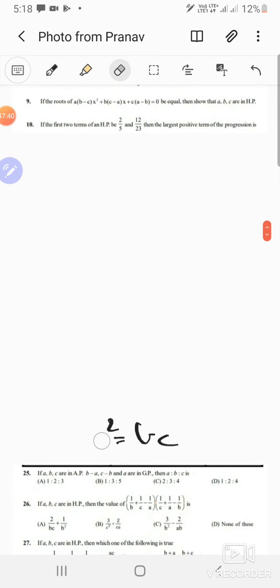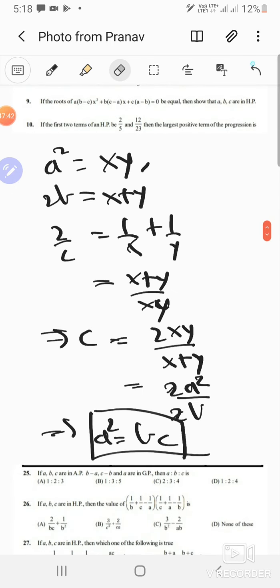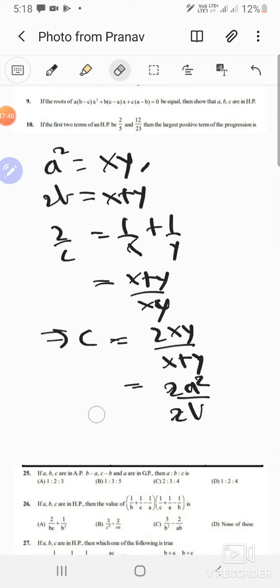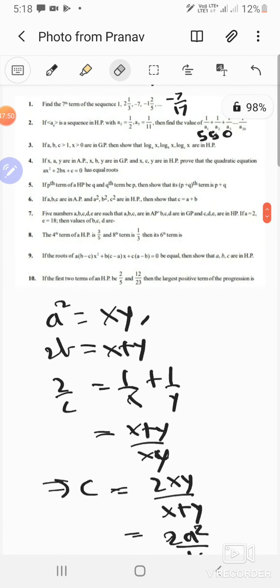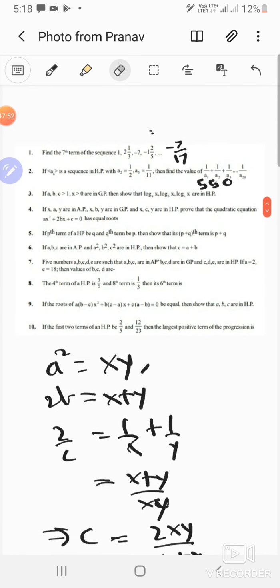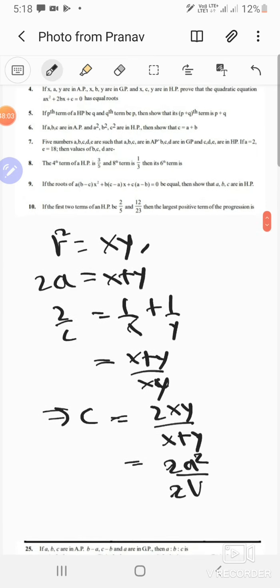I think we got messed up somewhere. Just repeat everything. Where were we? Okay, so xy is supposed to be a squared. Well, no, this is not correct, because x, y and a are in... I got it flipped, so that's more like it.